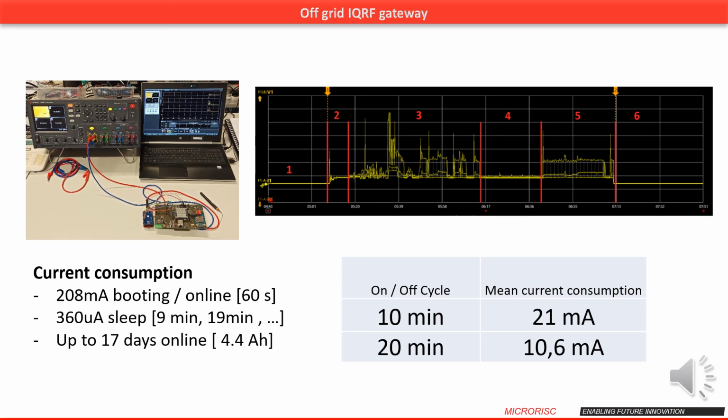With this average consumption, the gateway can last 17 days online at accumulator capacity of 4.4 ampere-hour, which provides enough reserve to bridge period of no solar activity or freezing periods when the accumulator cannot be fully charged. We are currently testing the use of both 5 watts and 20 watts solar panels.